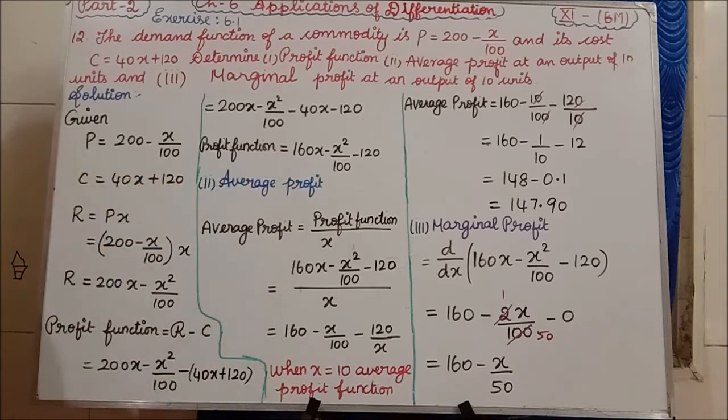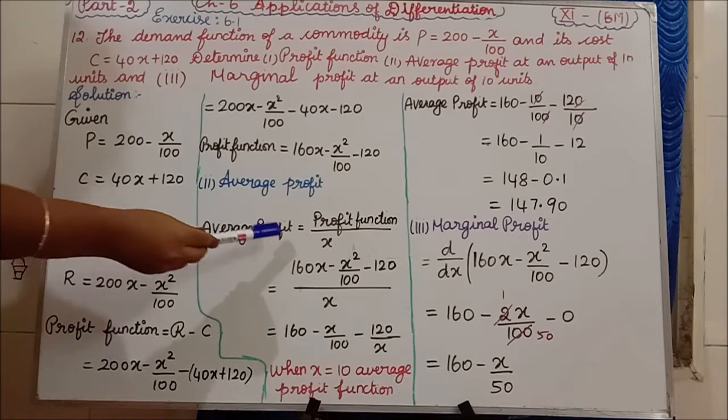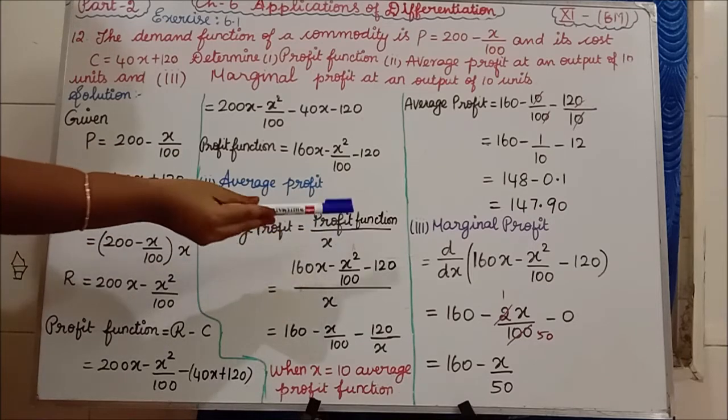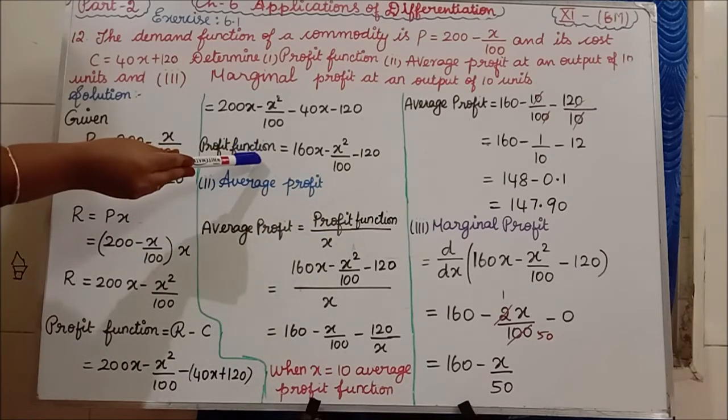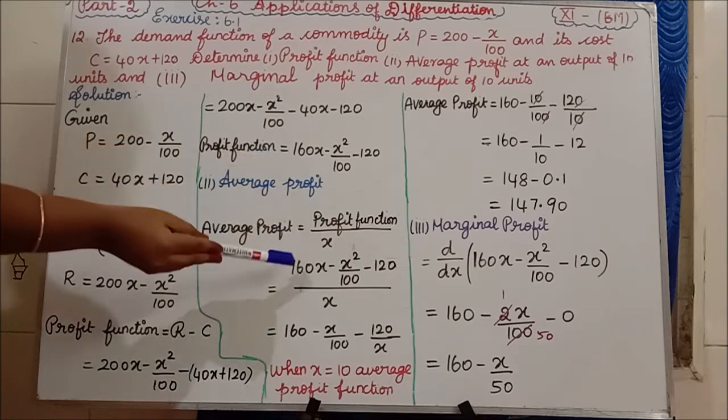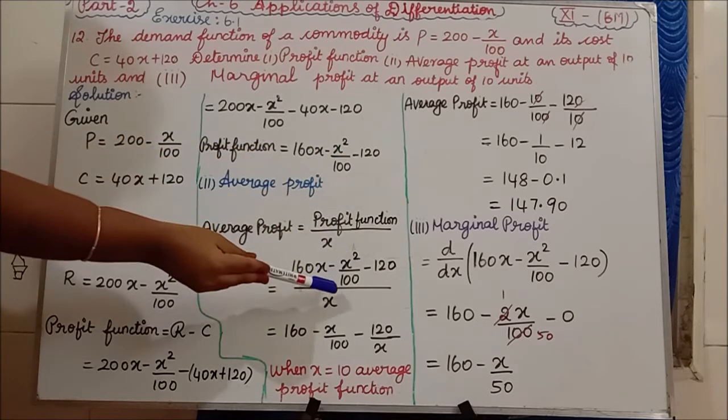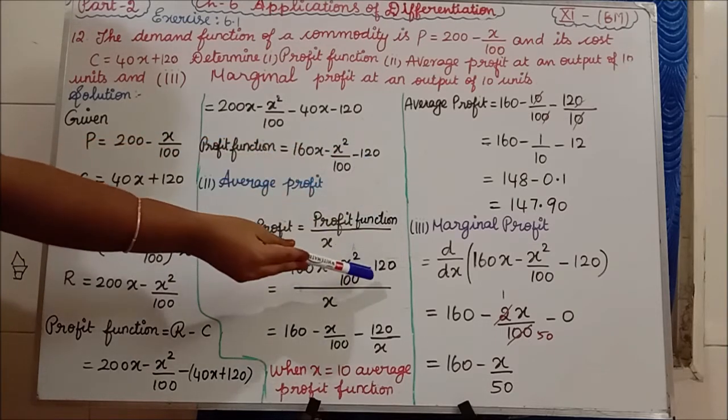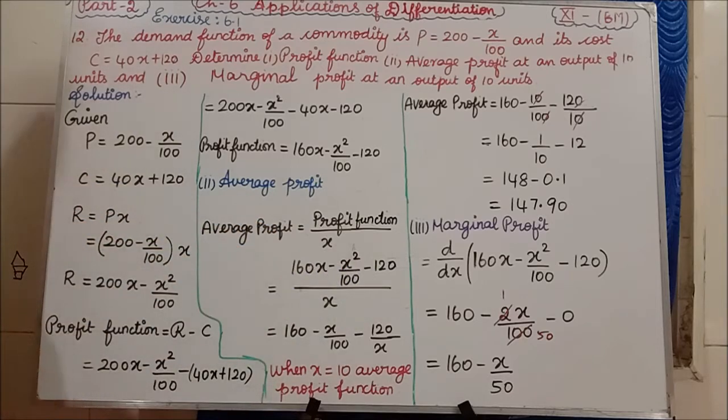Next subdivision is what? We have to find the average profit. Students, I told you wherever you have the word average, you have to divide by x. So average profit is equal to the profit function divided by x. The profit function value we have is 160x minus x square by 100 minus 120, divided by x.